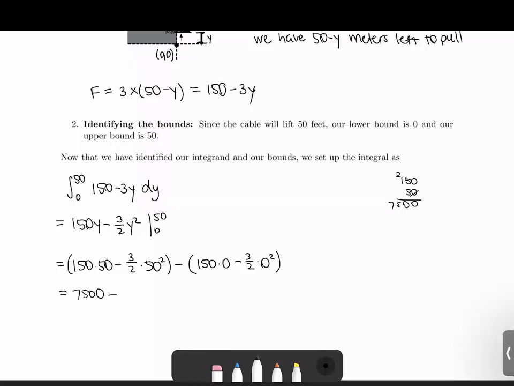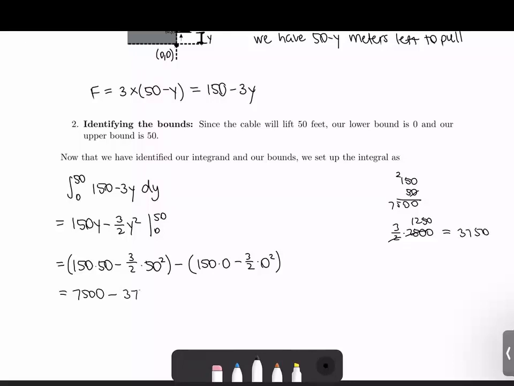Minus, and then we're going to have 3 over 2 times 50 squared. So 50 squared is going to be 2,500. So I'm going to go ahead and cancel this. So 2,500 divided by 2 is going to be 1,250. And then 1,250 times 3 is going to be 3,750.